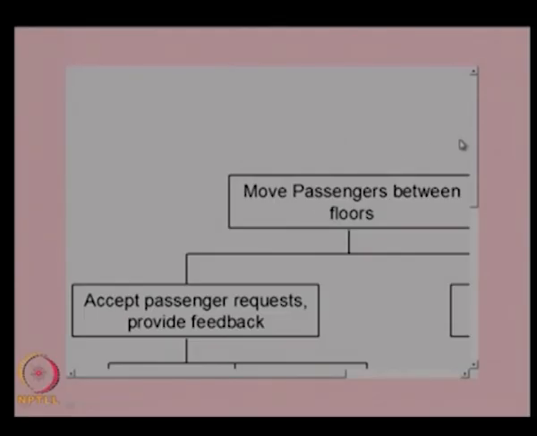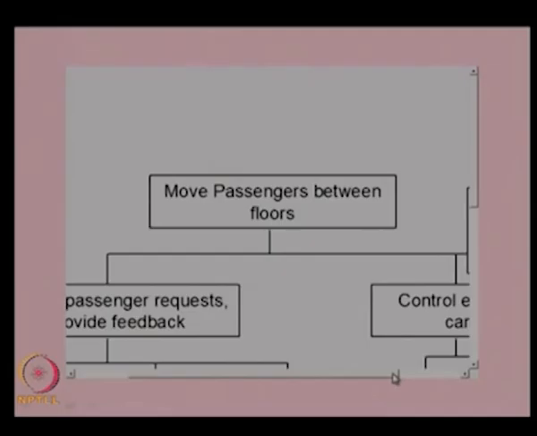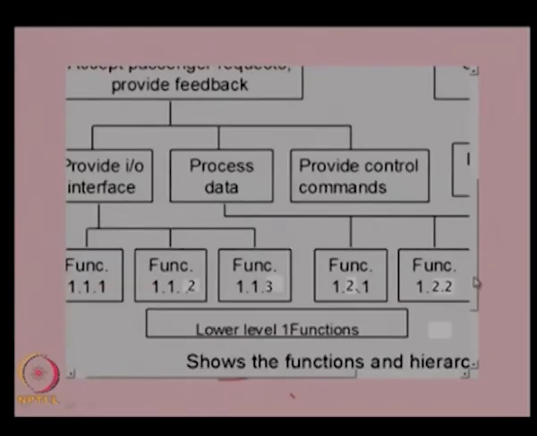So this is actually explained in a clearer way over here. You can see this is the top level function, move passenger between floors, and we take this into sub level functions. The first level 1 function is accept passenger request, and then control elevator cars as another function, and then divide this into sub functions or level 1 functions: provide input output interface, process data, provide control commands, and similarly further you divide this into its sub functions.